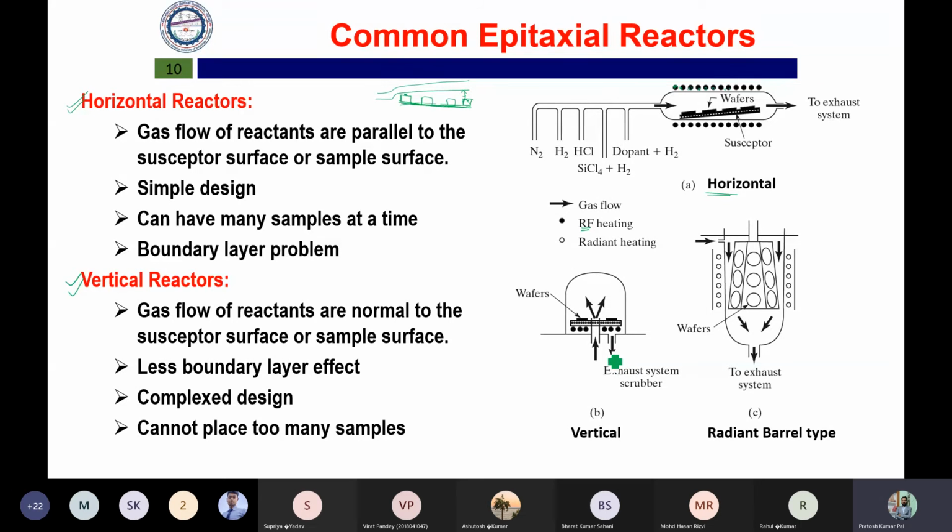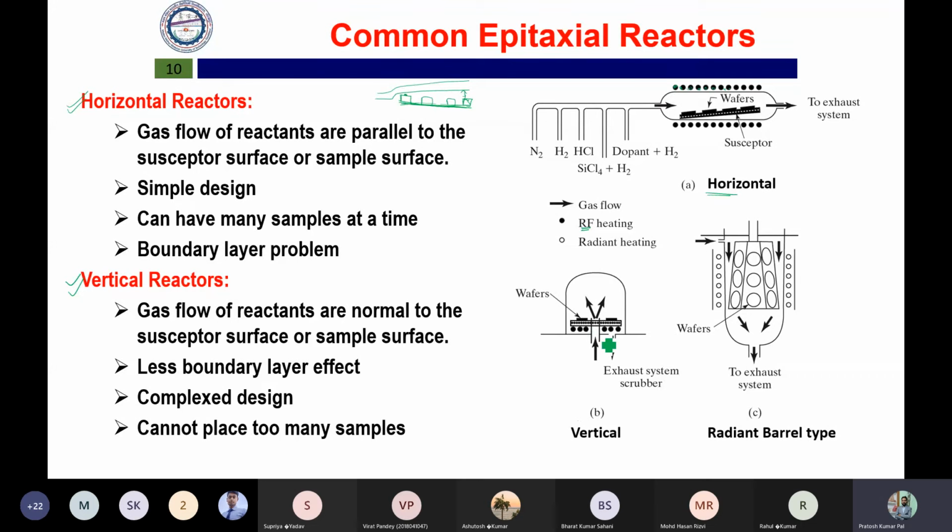In this vertical type of reactor, just by observing you can see it is a complex design, and also we cannot place a large number of samples at the same time, because we are flowing this gas vertically. We can have smaller samples only near this opening through which we are providing the gas.